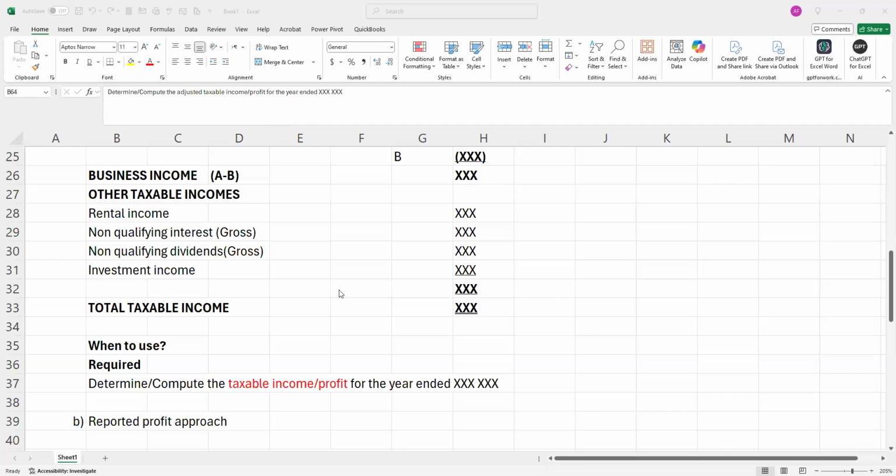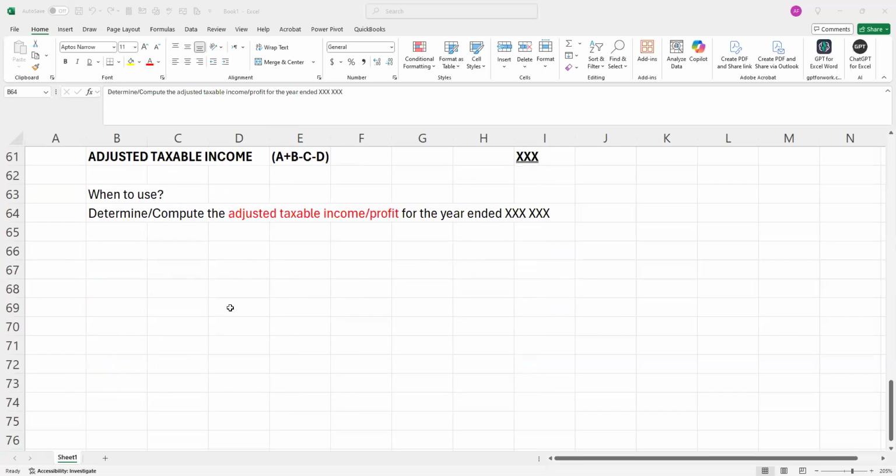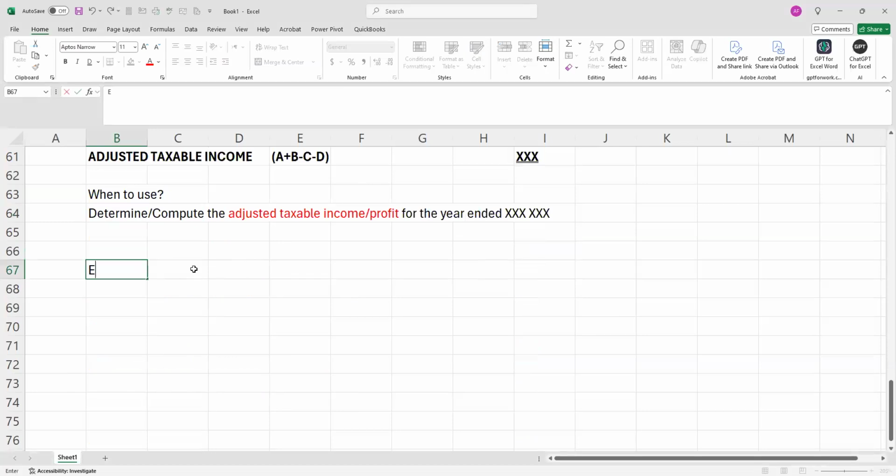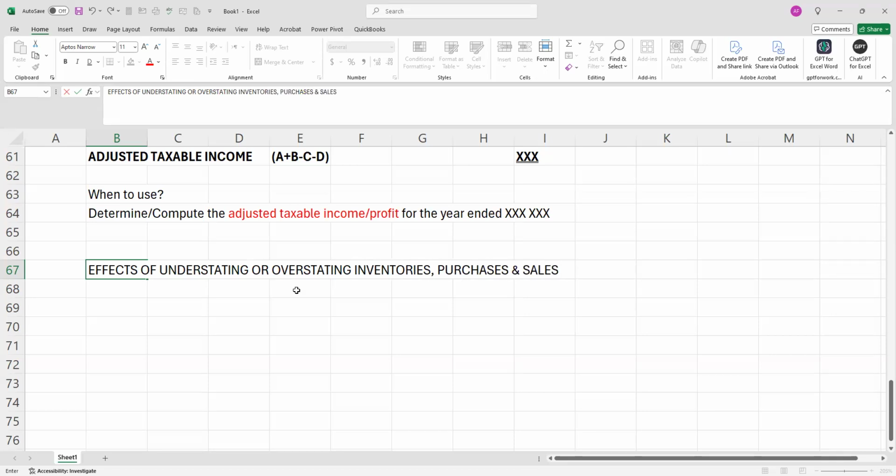In this case, we want to look at the effects of understating or overstating inventories, purchases, and sales on the profit.